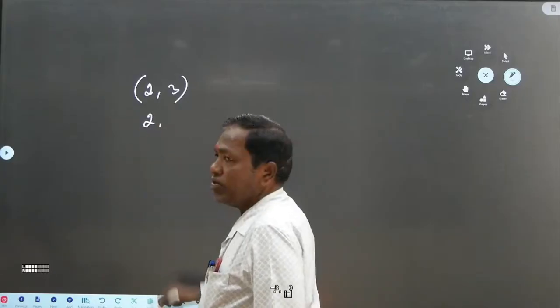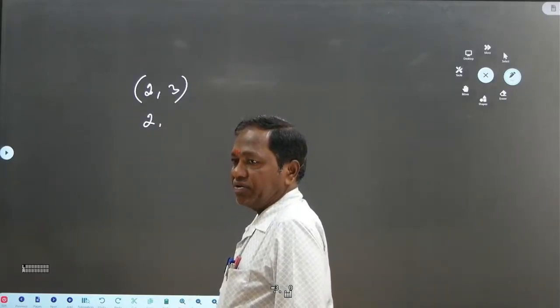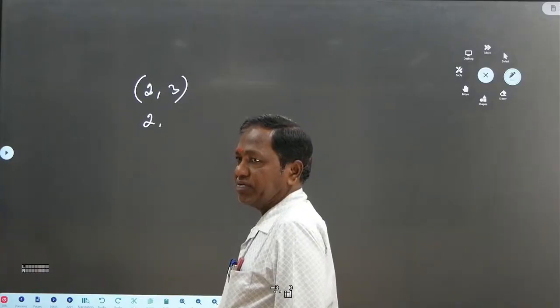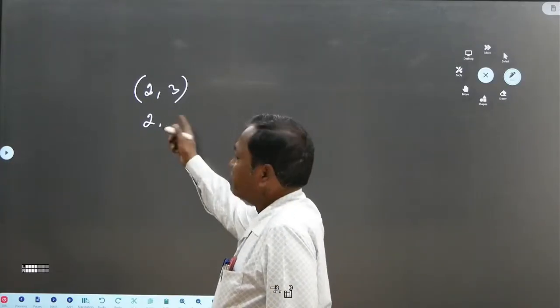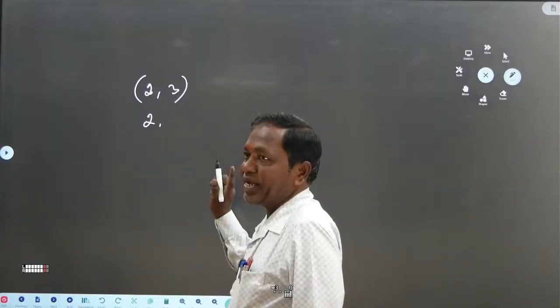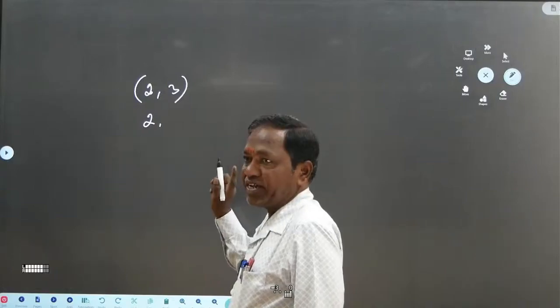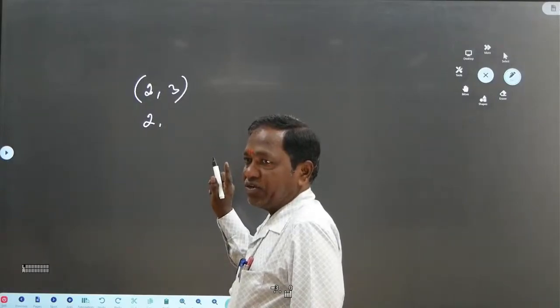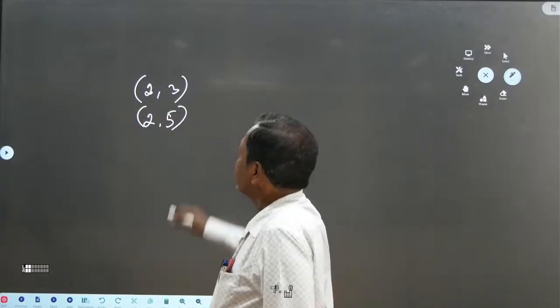Do you get 4? No. 2 and 3 is possible, no? 2 and 3 is possible. 2 and 4 is not possible, multiples of 2 should not happen. 2 and 5, yes, it can be taken as co-prime numbers.